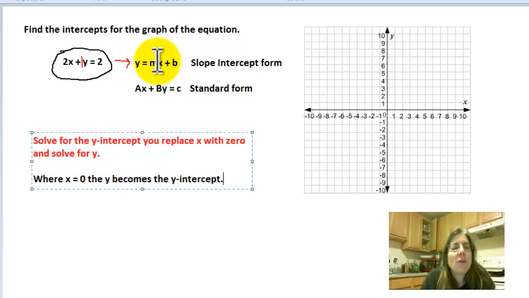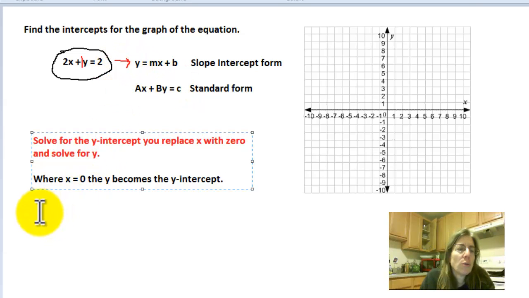So if you were to have a slope and a y-intercept there, you could put in 0 for x and you would just get y equals the y-intercept. So that does work for the standard form. If you plug in x equal to 0 here and solve for this y, that y will be the y-intercept. And I'll show you why that works.